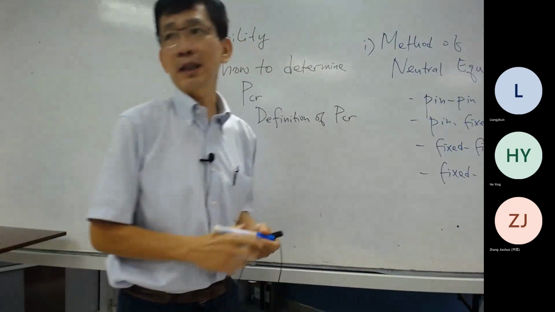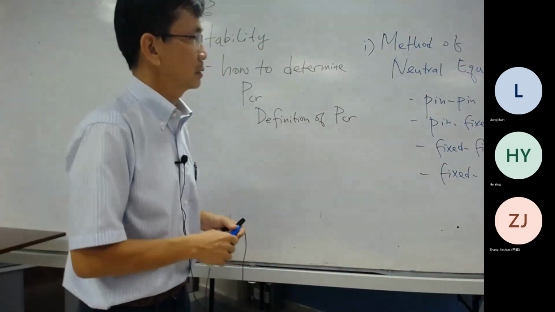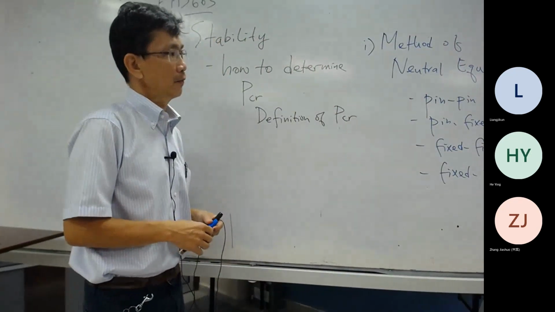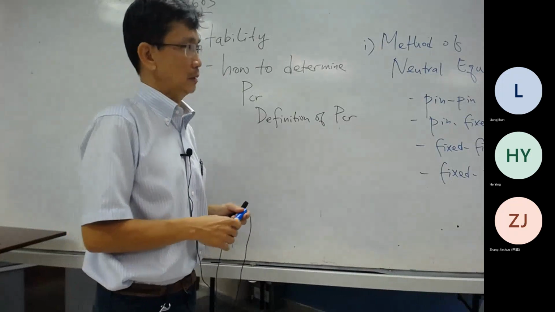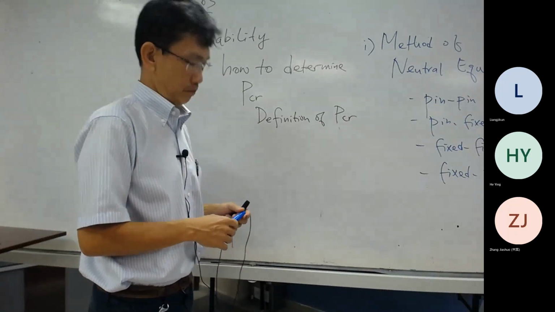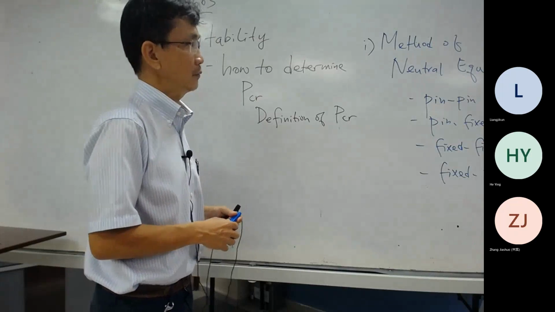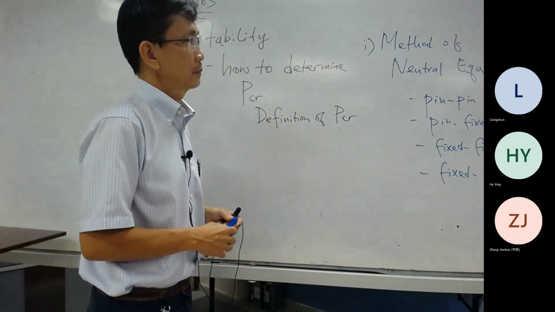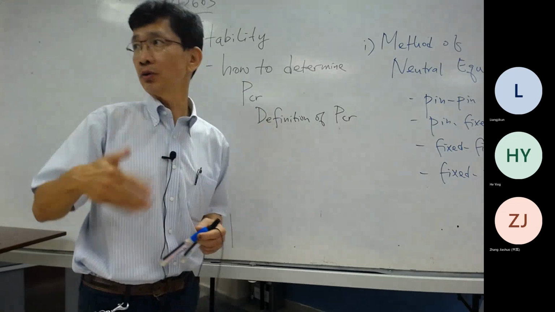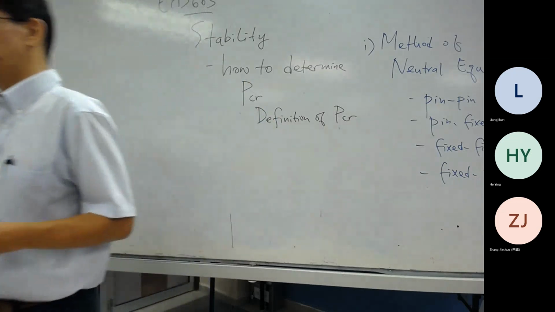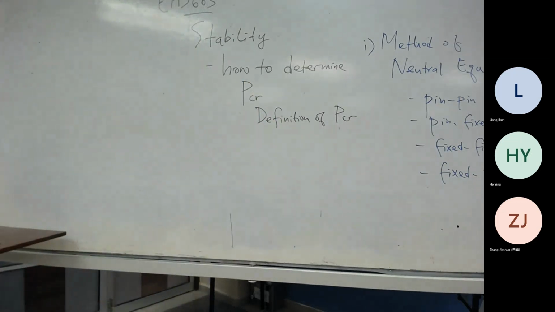So these are the 4 classical end conditions which form the basis for us to understand the P critical of a column. So if you go through the notes again, you see the common steps that you have to go through, and you need to know how to solve the governing differential equations.